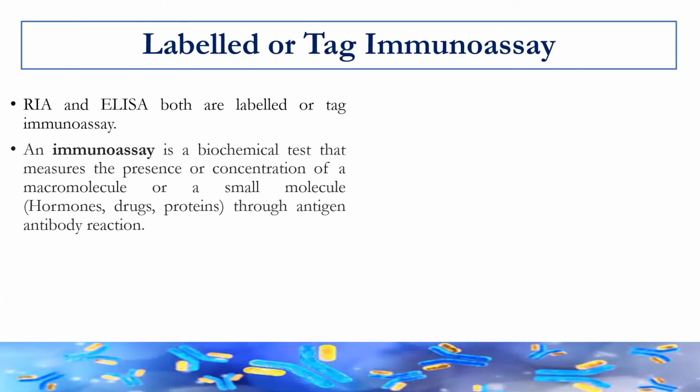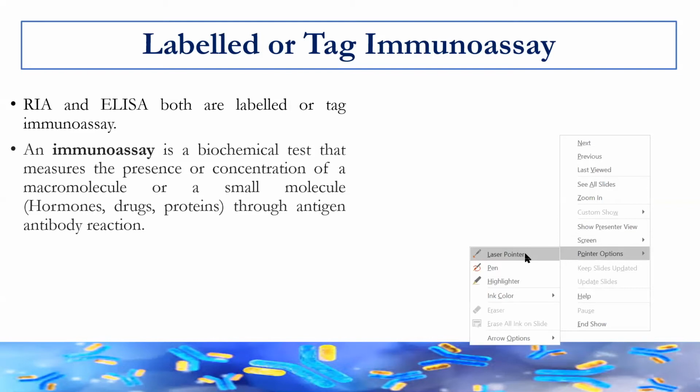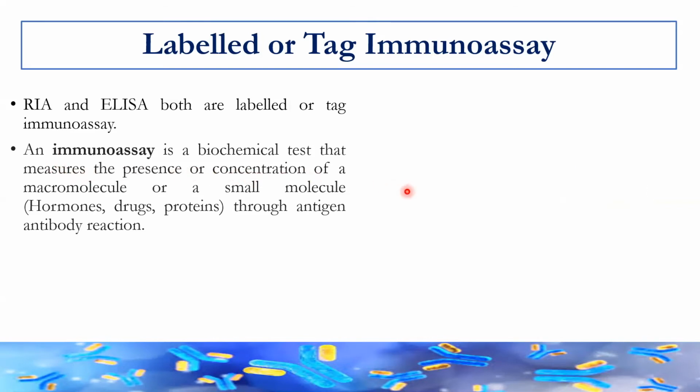Basically, why do we call them an immunoassay? You have learned in analysis that assay means finding out the concentration, that is finding out the quantity. So immunoassay is a biochemical test that measures the concentration of macromolecules or small molecules like hormones, drugs, or proteins via antigen antibody reactions.